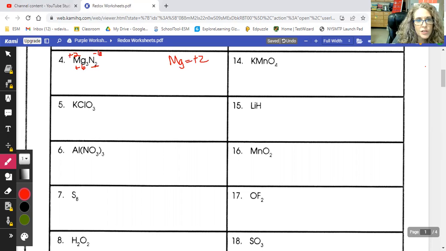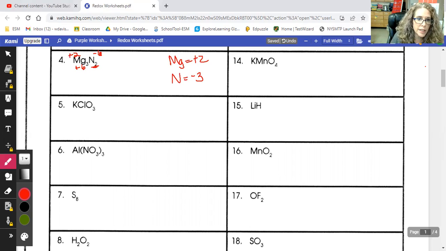But I have 2 nitrogens, so 2 times -3 is going to be my -6. Each of these nitrogens is a -3, which matches the first negative charge on the periodic table. But remember, that usually only works when you have the nonmetal as the last element listed in a formula.